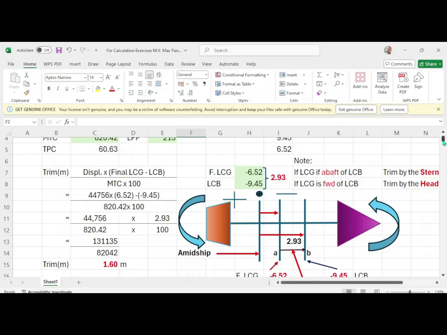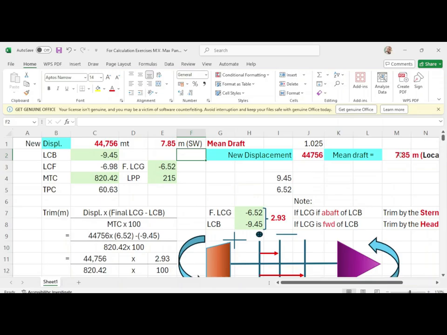Your MTC is 820.42, which is this one, times 100. Then that will be displacement of 44,756 times the distance, which is already 2.93, over your MTC of 820.42 times 100.